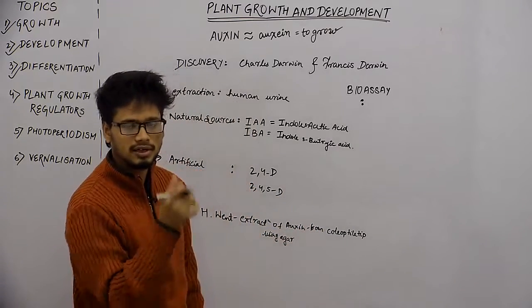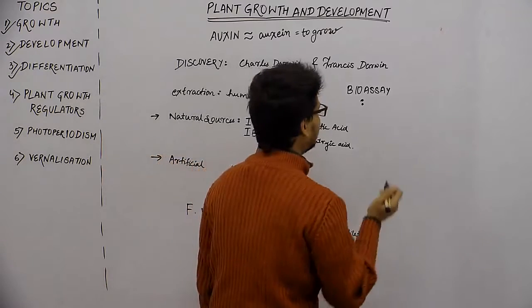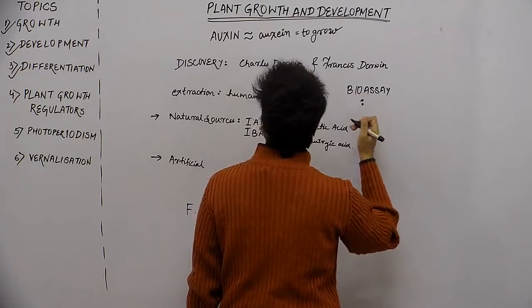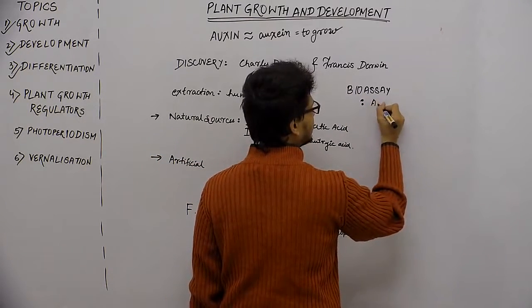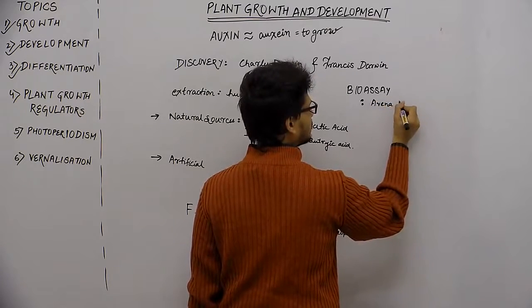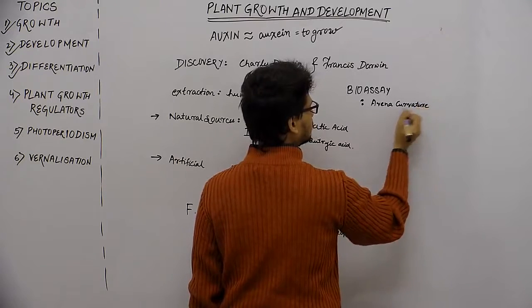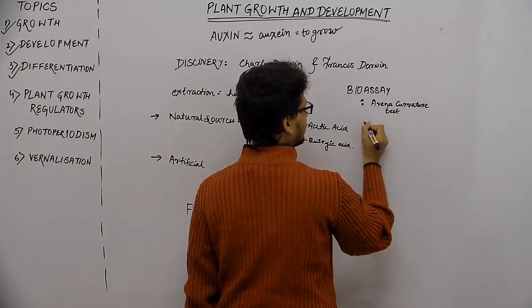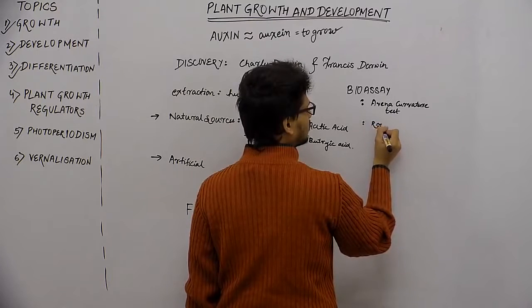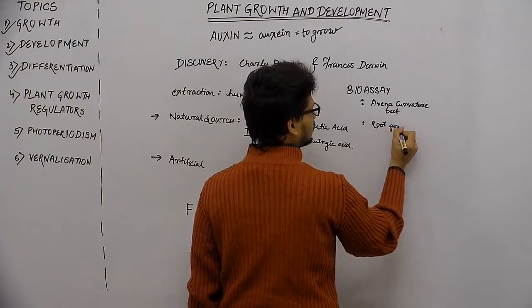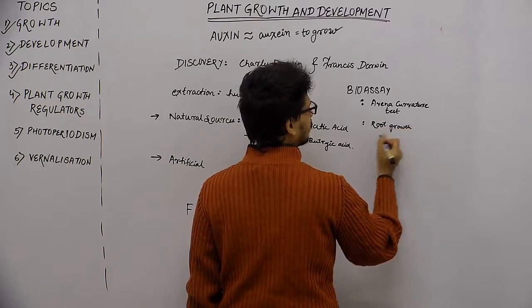There are two tests in the bioassay for auxin. The first one is the Avena curvature test, and the second one is the root growth inhibition test.